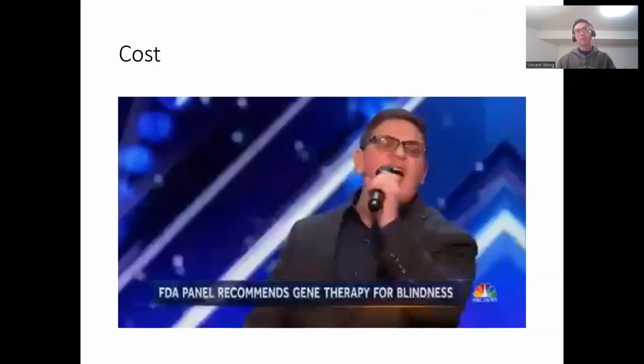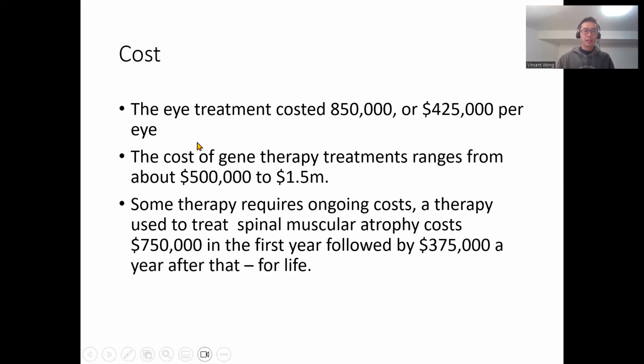He was born this way, right? But then with the gene therapy, he actually was able to see. But the cost is very, very steep, right? The eye treatment costs $850,000, right? Divided by 2, that's a little bit under $500,000 per eye.